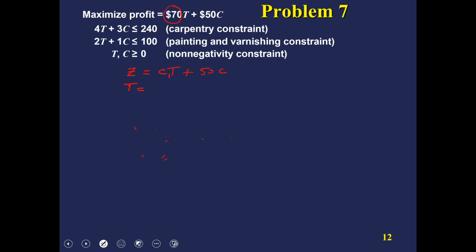T is equal to Z over C1 minus 50C over C1.